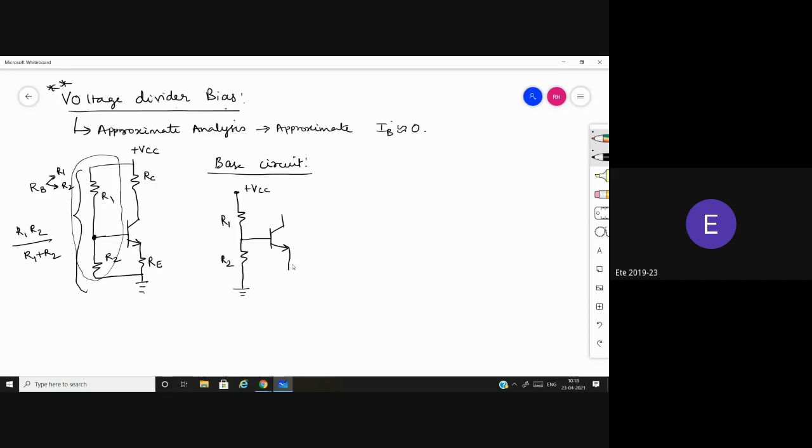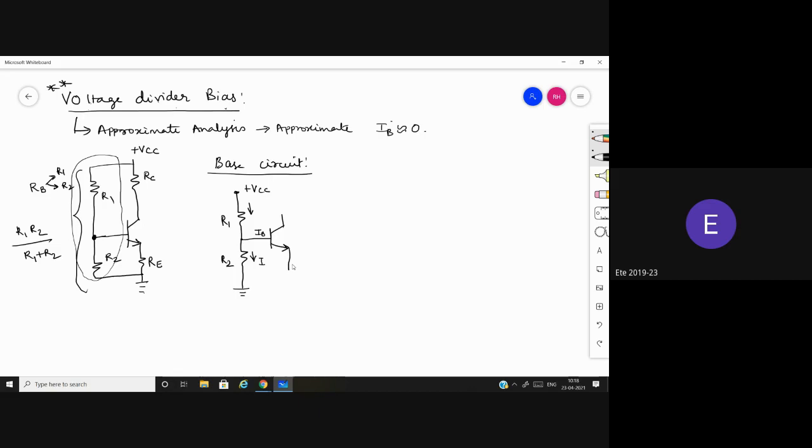Now the current flowing here, in DC analysis we are not going to connect the input current, that is AC. Only the main current which is coming is because of plus VCC. Now the current going here is IB, and the current going here is I.